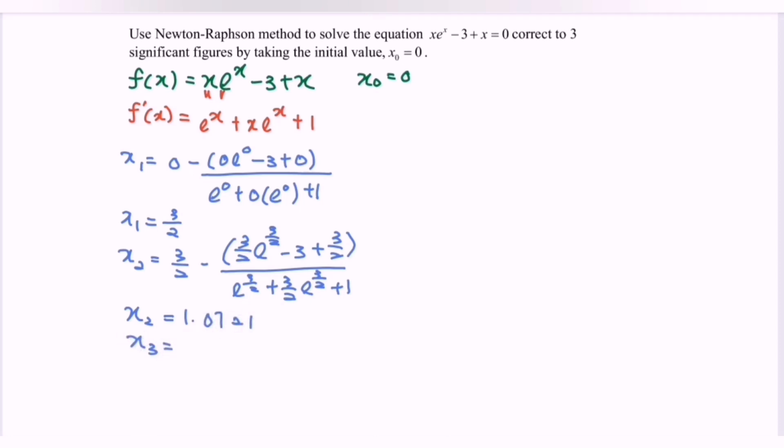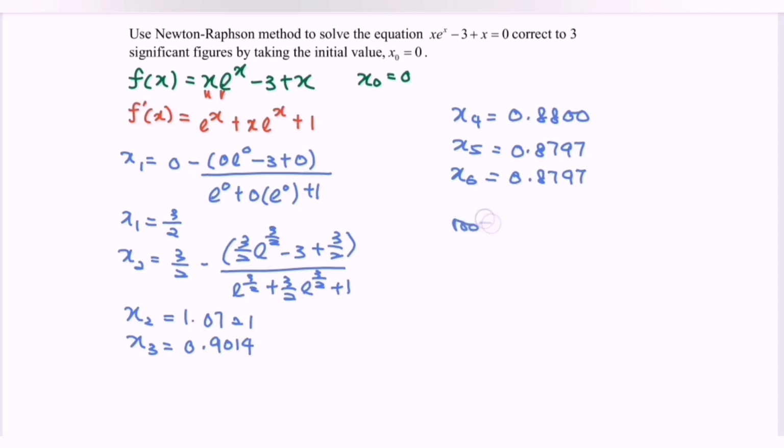Repeat the process, calculate, and then substitute the answer, and we have 0.9014. Keep on. So we have x4, which is equal to 0.8800. x5 equals 0.8797. x6, we have 0.8797. So here we have the root, x is equal to 0.880.